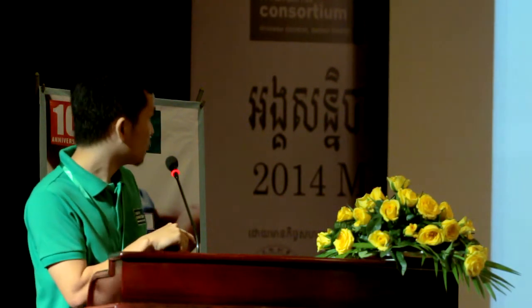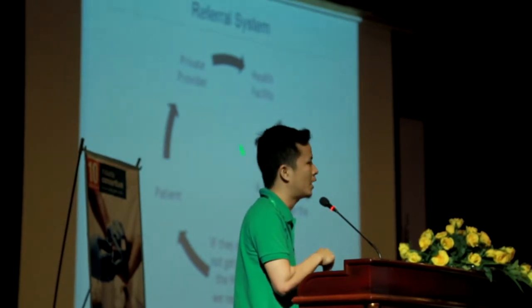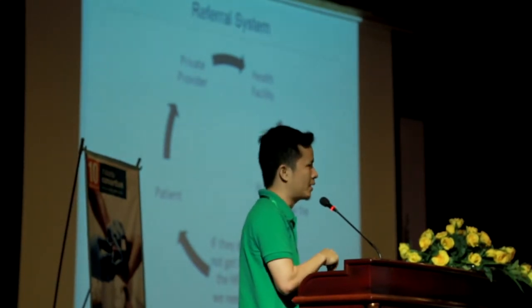When the patient comes to the health center with the slip code, the health center sends an SMS to the system. The system forwards that SMS to the private provider to tell them that the patient has already arrived at the health center.